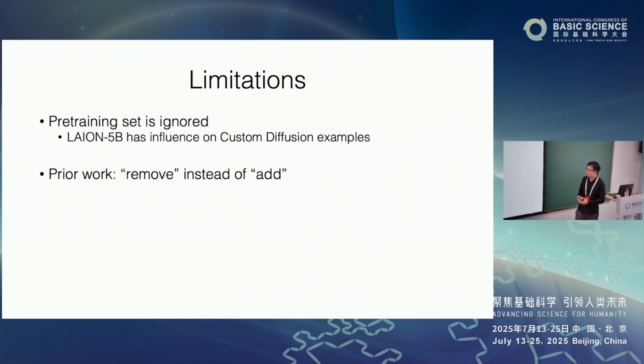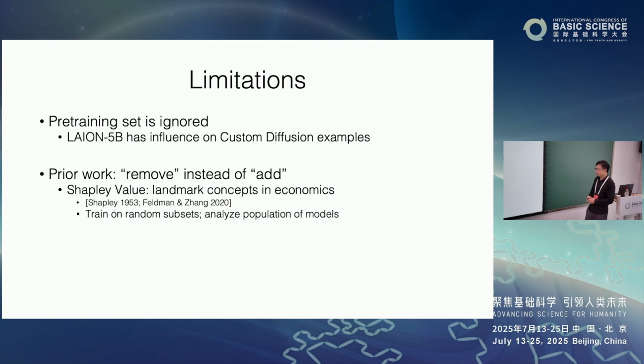Lots of the early works in economics were studying removing images. For example, there is a very simple landmark concept in economics, and the idea here is we can train on random subsets and analyze which subsets work best. Let's say you are running an NBA club and you have 12 players, and you would like to figure out how much money you should pay each player.